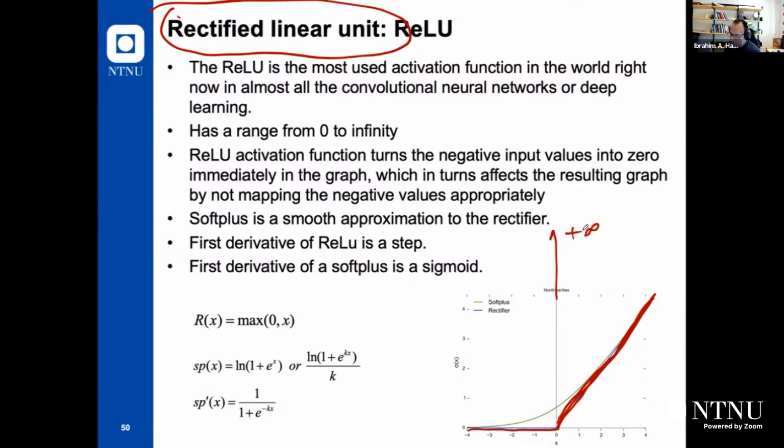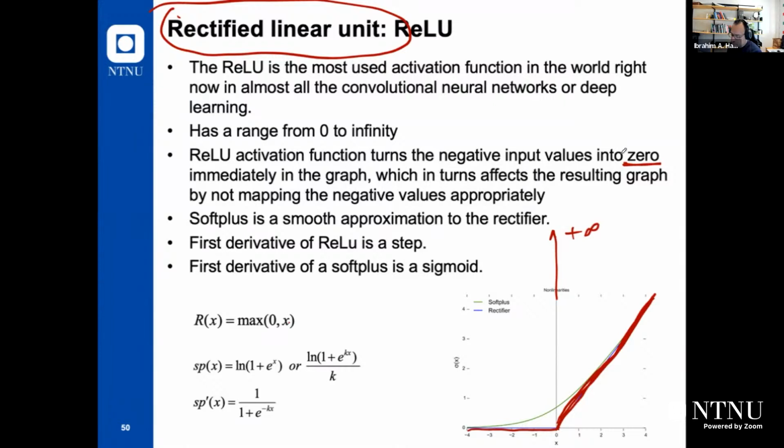The ReLU activation function turns the negative input values into zeros. It converts all negative values into 0 immediately, which affects the resulting graph by not mapping negative values. Those negative values will disappear.